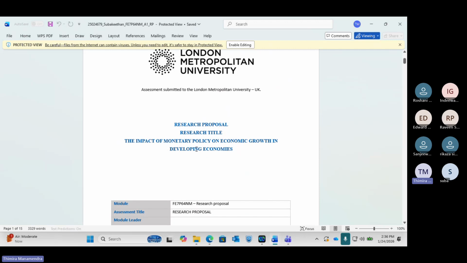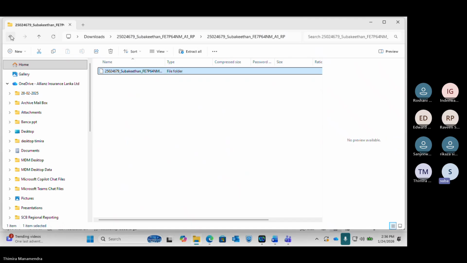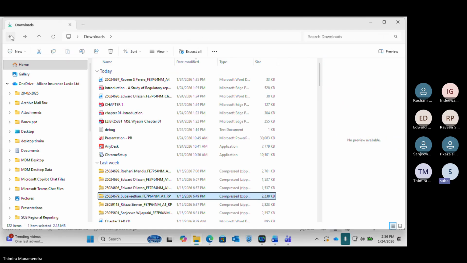The impact of monetary policies on economic growth in developing economies. So this is your original proposal. Not this one, mine. Which one is yours from here? Number 679, last digit. It's not here, right?